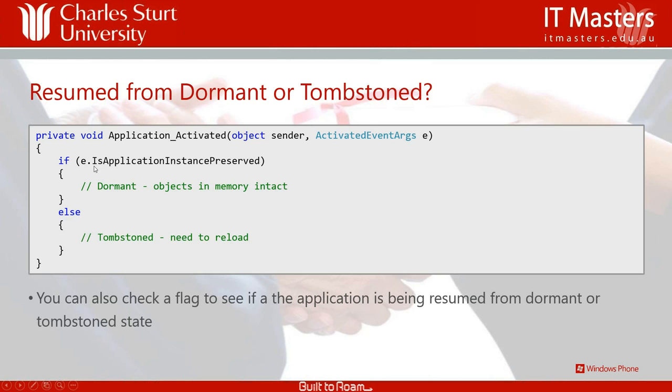Basically, is application instance preserved means that the application stayed in memory. So it went into the dormant state, and this means you probably need to do very little when your application comes back into the foreground. However, if your application is tombstoned, so the application instance wasn't preserved, you'll probably need to reload or rehydrate some data values.